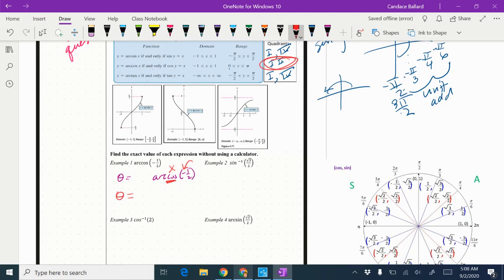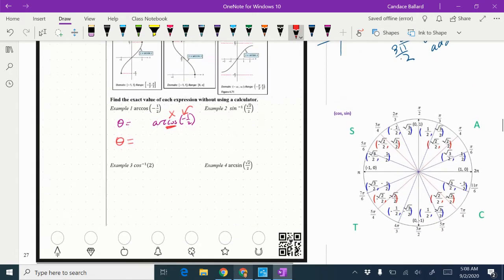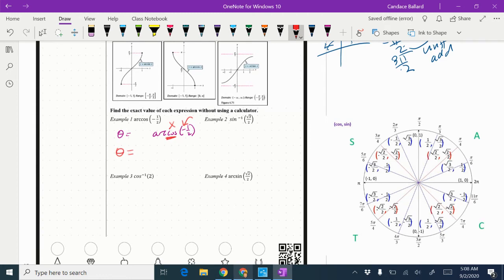So I'm restricting it to just quadrant 1 and 2. In quadrant 1, I'm looking for the x value of +1/2. Sorry, -1/2. And I'm not supposed to be in quadrant 4, that's why I'm not finding it. There's my -1/2, which means my radian measure that I'm looking for is 2π/3.